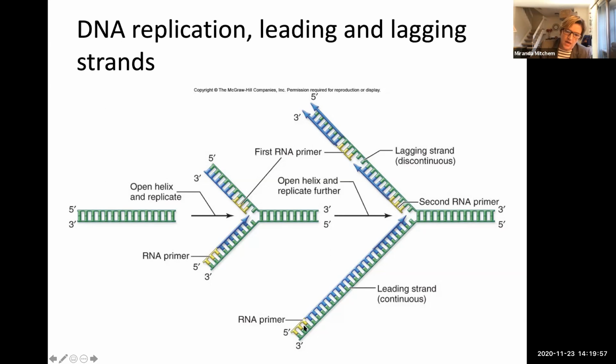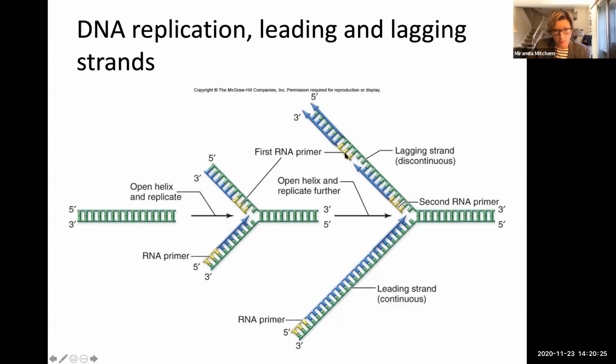So we have what's called an RNA primer, this yellow bit, that is synthesized by an enzyme, and it's a point of attachment for DNA polymerase, so that it knows where to begin and can do its job, adding on at the 3' end. So on the lagging strand, this is happening over and over.